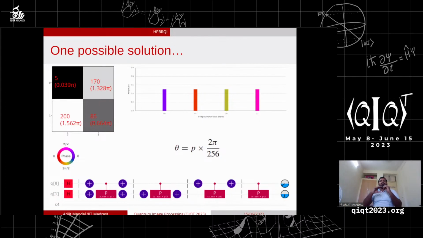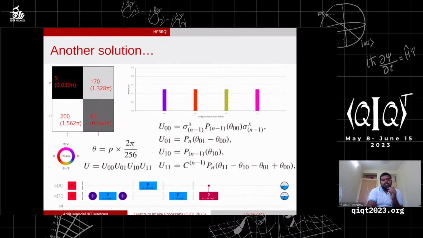So this can be modified a little bit, which will reduce your non-local operations. You can represent the same image using this unitary also. Here you need a little bit of algebra, because if you remove the control on this unitary, then if you want to fix the phase of, say, the 00 state, it will automatically change the phase of the 01 state, because there is no control on this unitary.